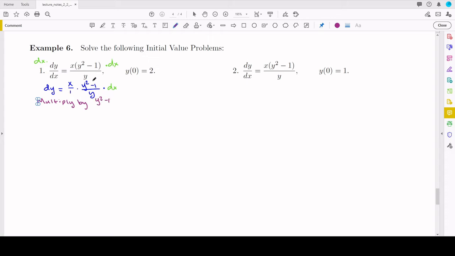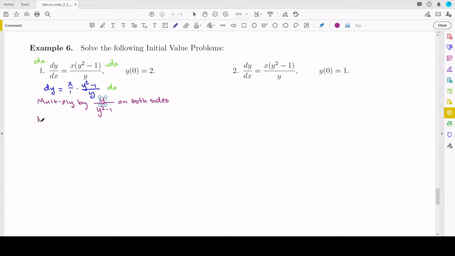I need to flip that. So I'm going to multiply by y over y squared minus 1 on both sides. That will cancel out this.